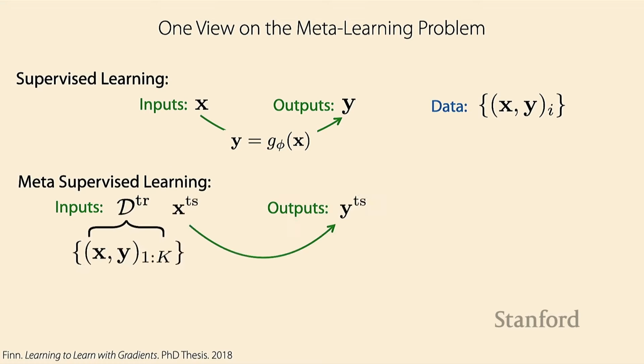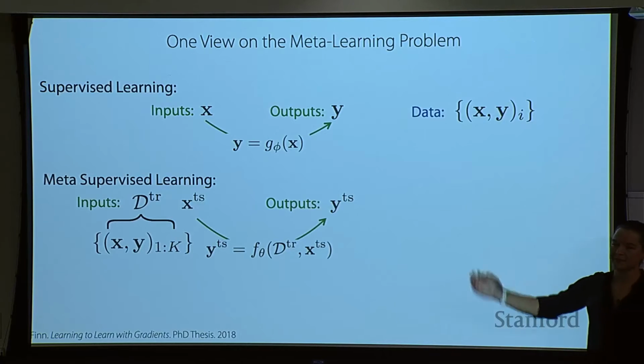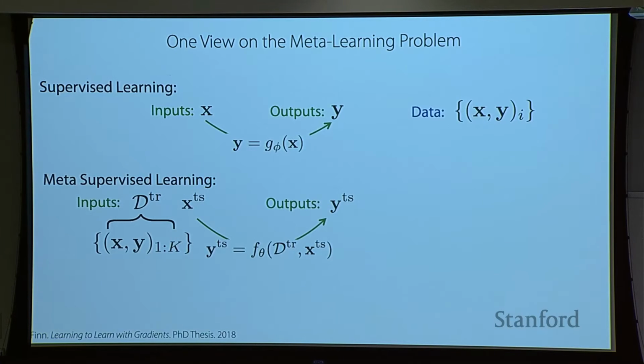Cool, and here I'm actually only showing one test example in terms of what this function needs to produce. But when you actually train this function, you'll sample more different test examples to evaluate its ability to generalize given a training set.